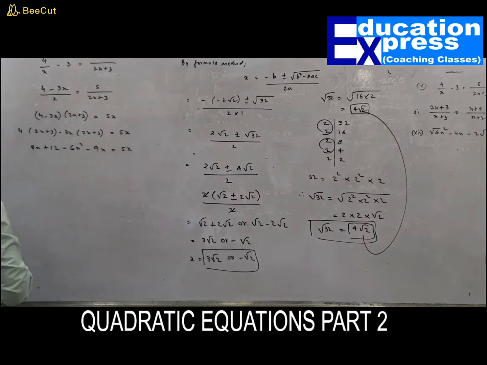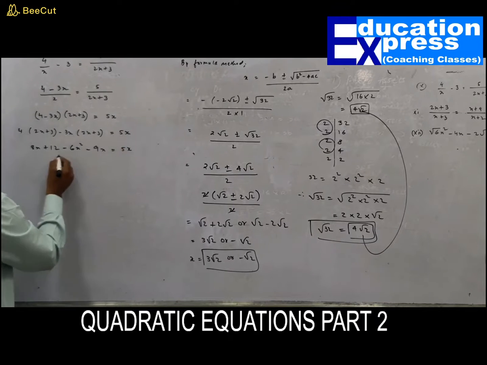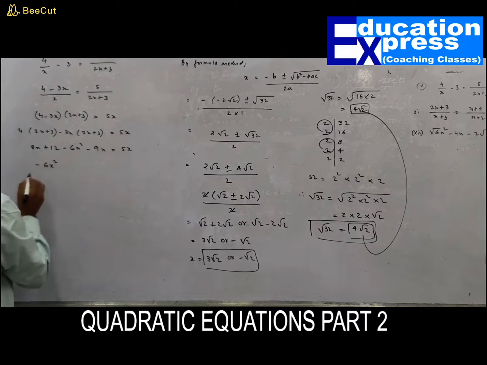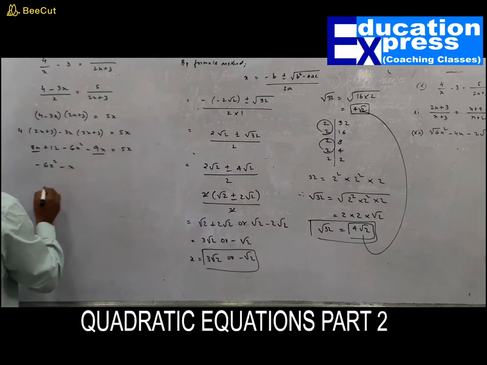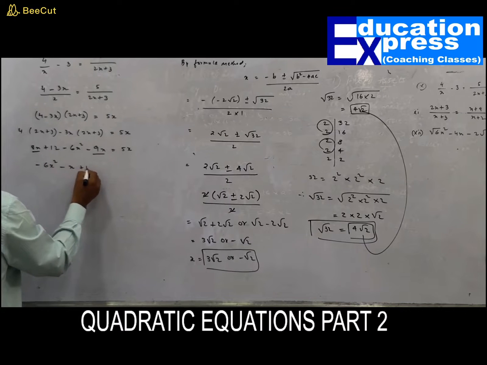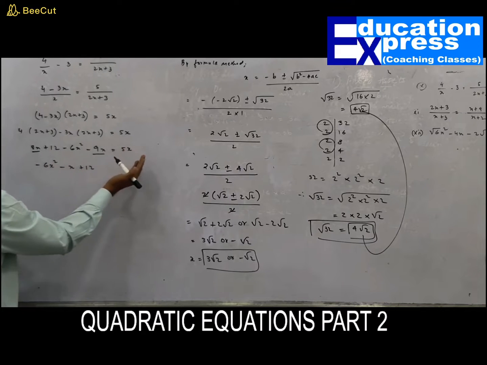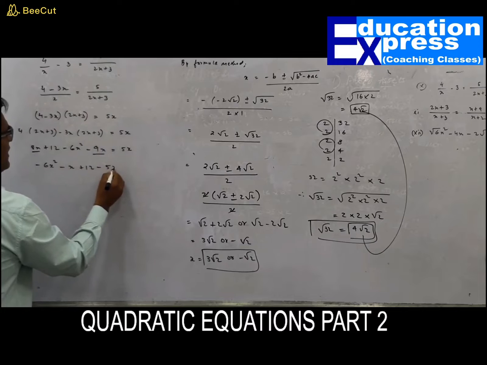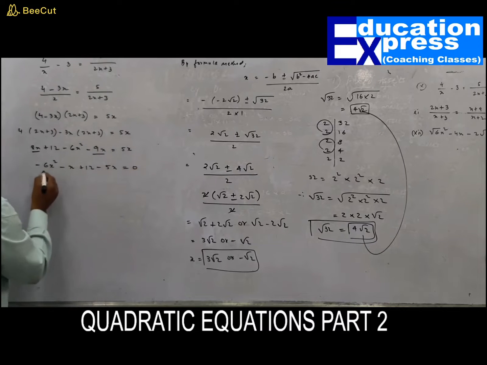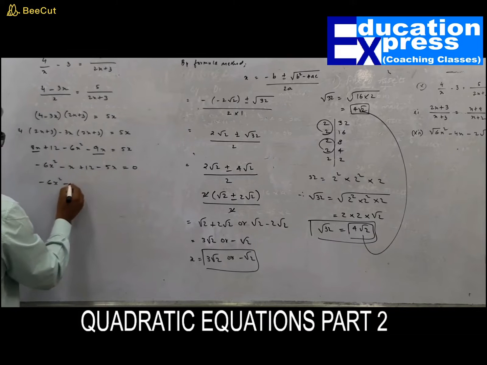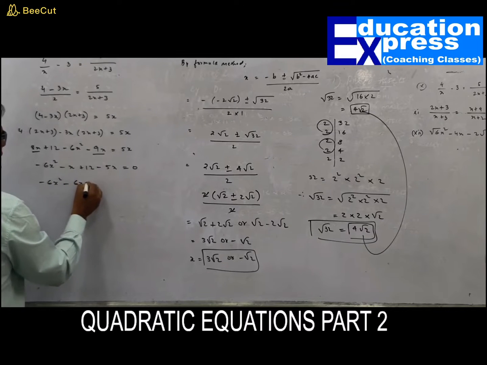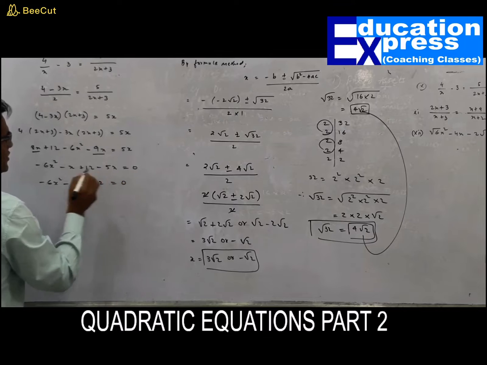So my friends, if you look at this equation, I get minus 6x square. 8x minus 9x is minus x plus 12, and this 5x I'm going to shift on this side, so it's going to be minus 5x equals 0. So you get minus 6x square minus 6x plus 12 equals 0.